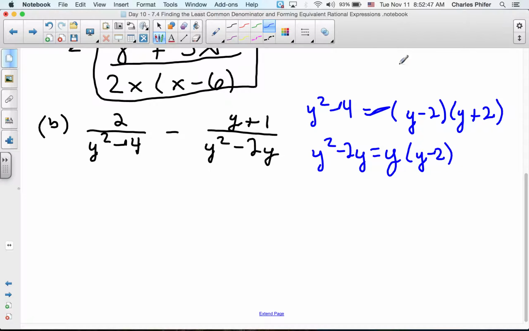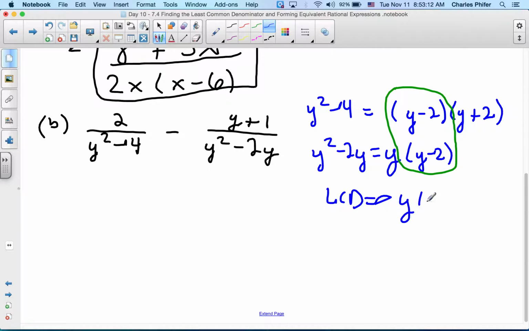Notice I lined up the like terms. So that means we only need one of these and then one of everything else. So then the LCD is going to be y times y minus 2 times y plus 2.